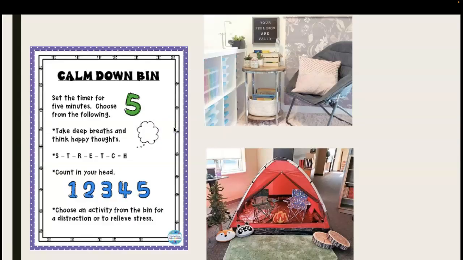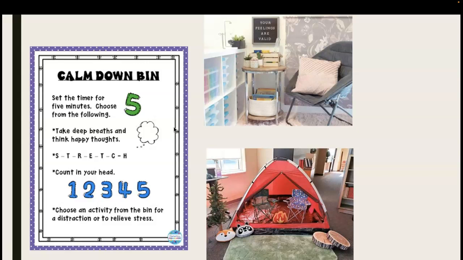Another thing that you can consider in your classroom as you're thinking about layout and setup is having a place for students to go when they're struggling emotionally. These are beautiful setups. Mine were never this fancy, though I did have a beautiful room in my last school for my resource room that had a gorgeous tree that a teacher made for me out of paper, and it was huge.